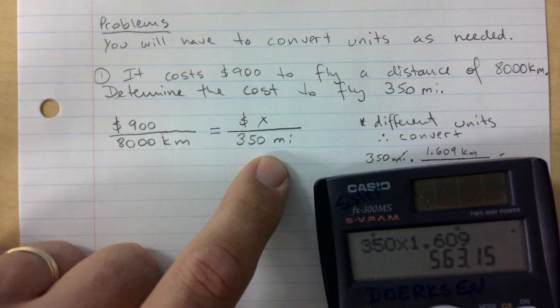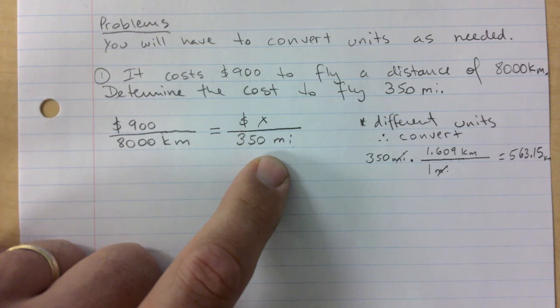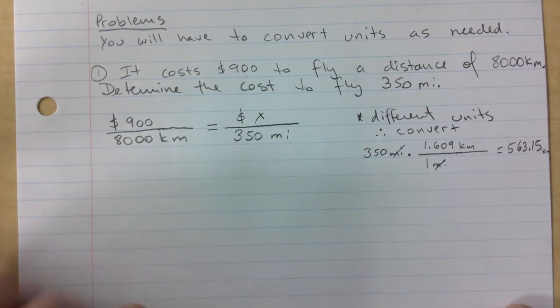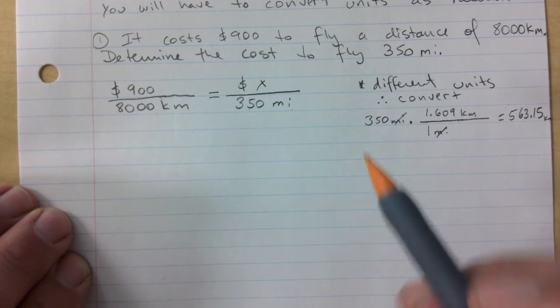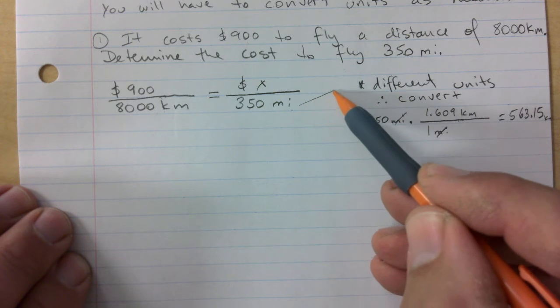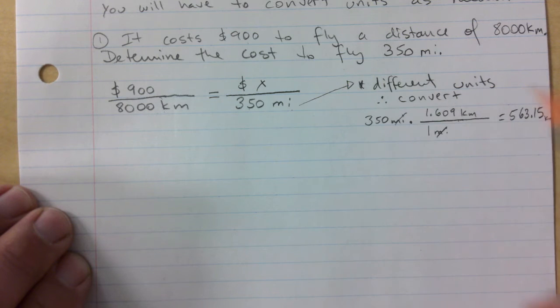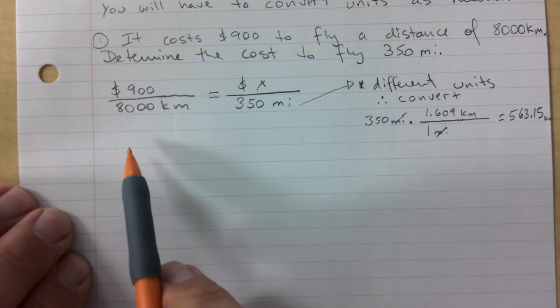So it's 563.15. It just happens to be a finite decimal. So maybe I will have an arrow going out from here to there, saying that I'm converting, right? And then I'm going to set up my proportion again.